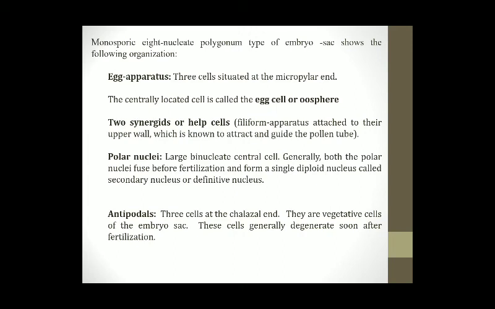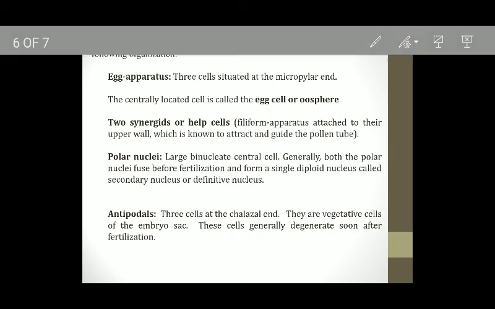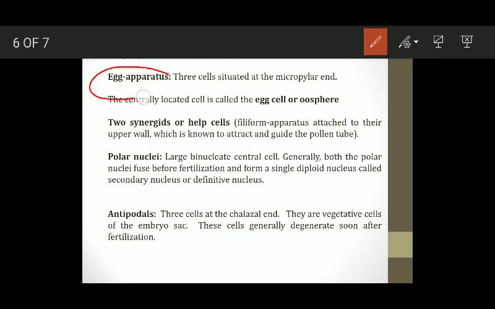Now let's look at the details of the female embryo sac organization, how the cells are organized. First of all, we'll talk about the egg apparatus. The 3 cells located at the micropylar end constitute the egg apparatus.